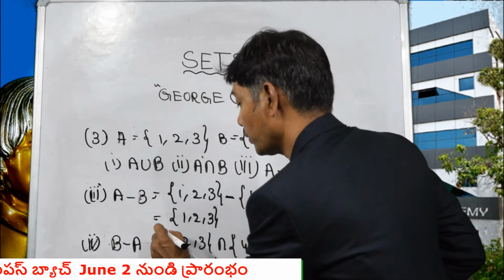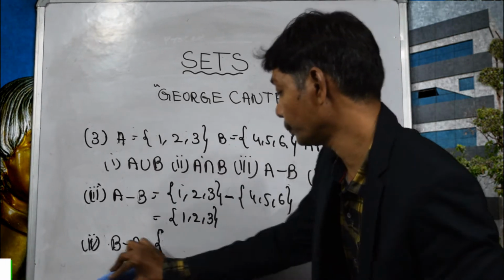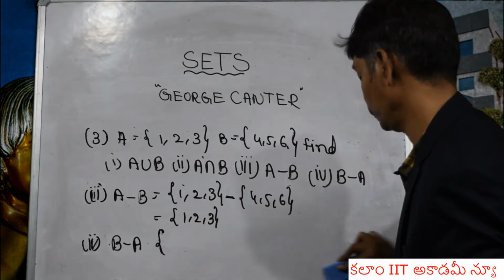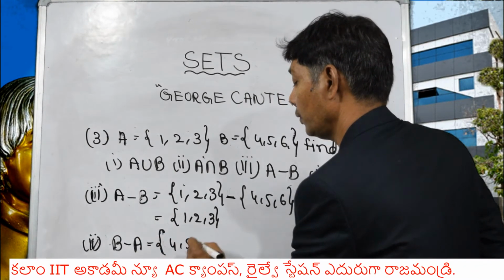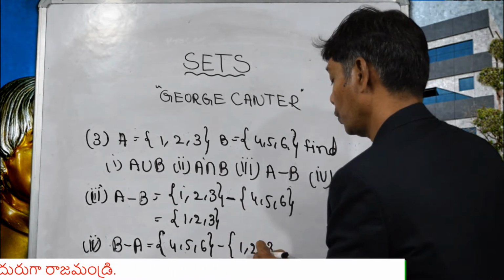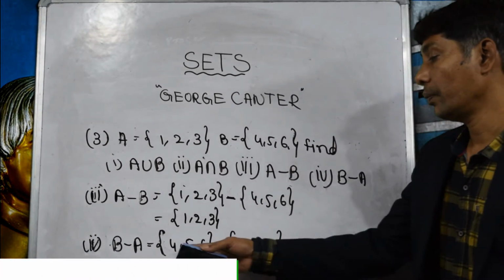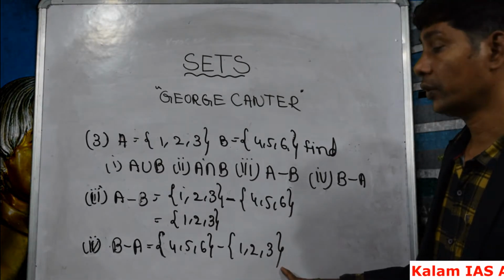Now B minus A. B minus A means you have to write B: 4, 5, 6 minus 1, 2, 3. B is equal to 4, 5, 6 and A is equal to 1, 2, 3.